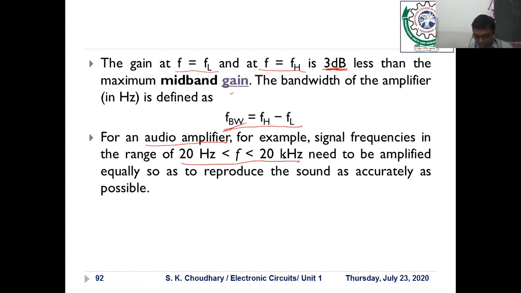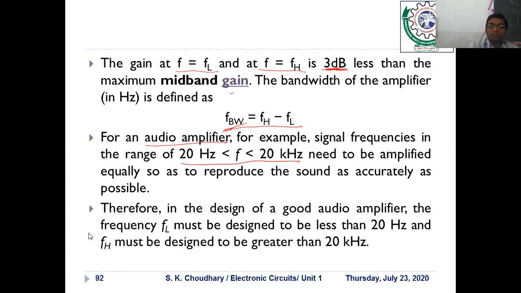Then and only then we would be able to amplify the signal properly, or sound signal actually, because we are designing the audio amplifier. So for designing a good audio amplifier, FL must be designed less than 20 hertz and FH must be designed greater than 20 kilohertz.